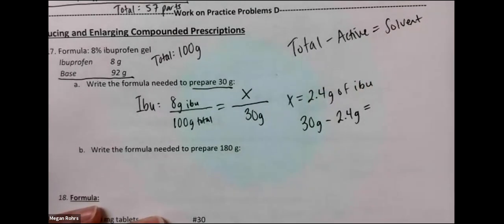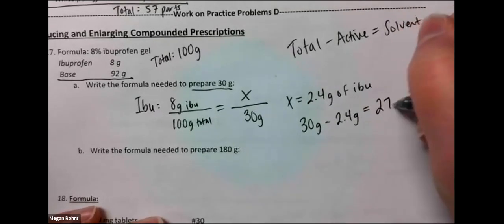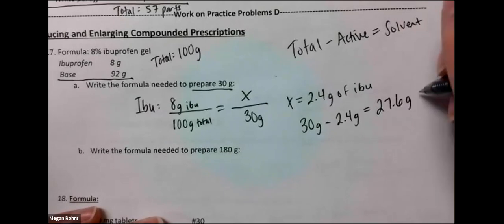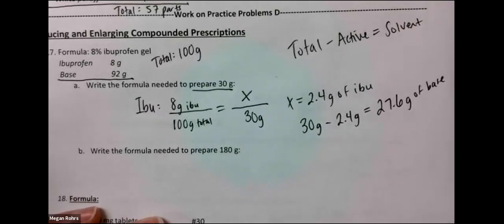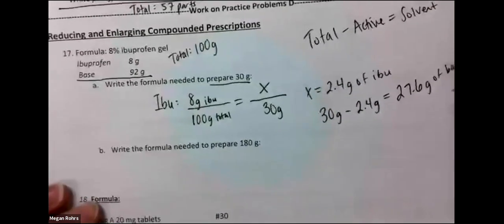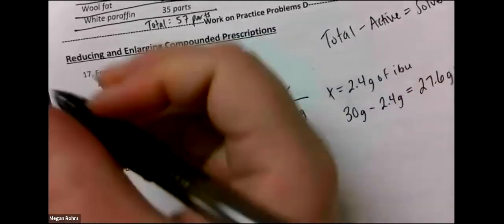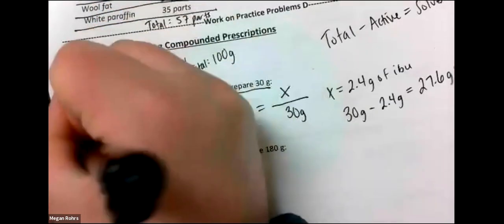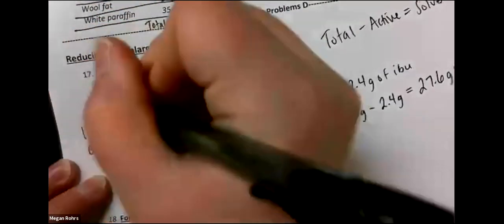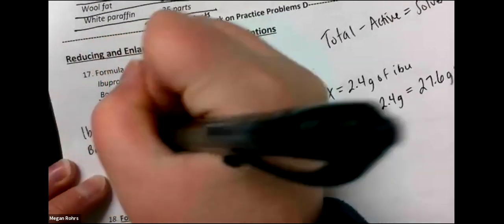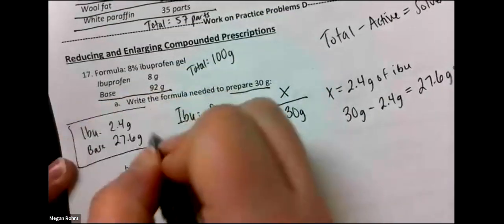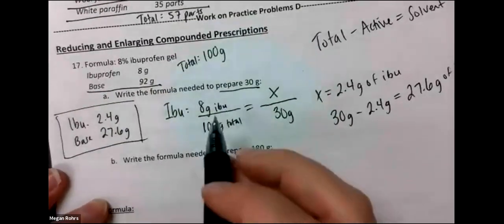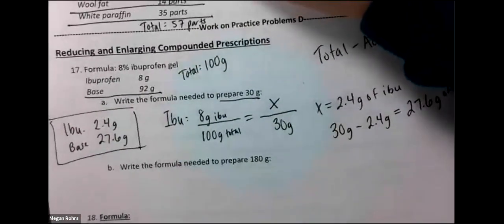So if I subtract those, that should give me my amount of solvent. 30 minus 2.4 is 27.6 grams of base. So if I'm writing my formula, I would have ibuprofen, 2.4 grams, and base would be 27.6 grams. So that would be my formula now to make a total of 30 grams.